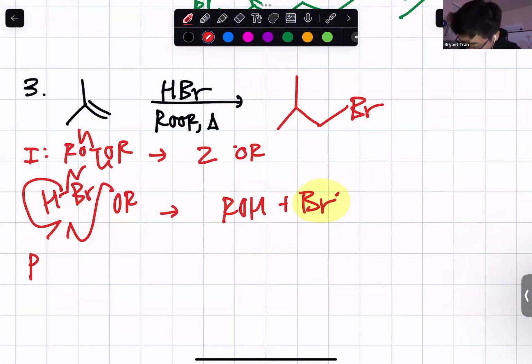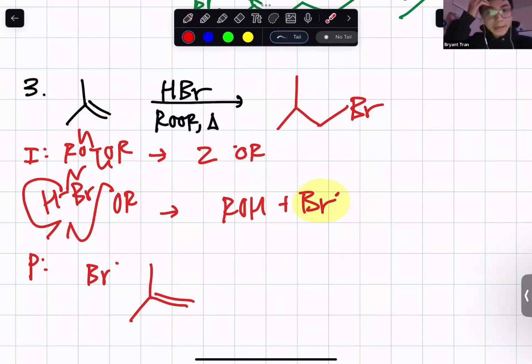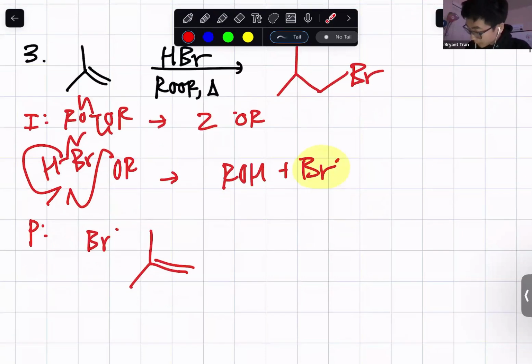For propagation, let's bring in that bromine radical that we just formed and this alkene that we have in the reactant. Now think of radical stability as carbocation stability, right? The more substituted the radical is, the more stable it's going to be. So from this alkene, we want the radical to be on this more substituted carbon right there.